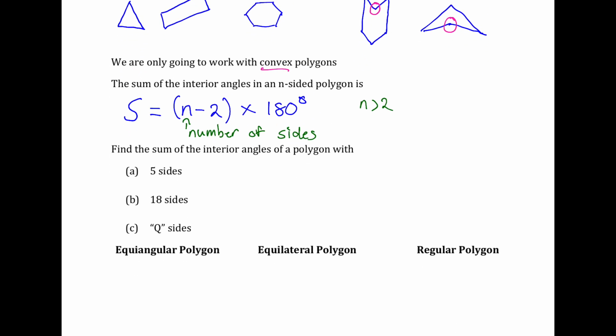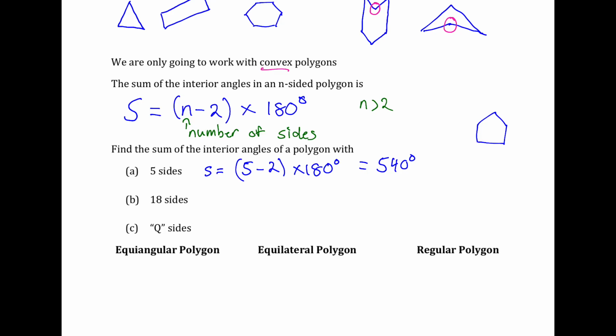A 5-sided shape. I can just do the math on this one. S is equal to 5 minus 2 times 180, which will be 540 degrees. So all the angles inside of a 5-sided shape add up to 540 degrees. Now I'm going to draw this one. I'm not going to draw the next one. If I just draw a nice, simple 5-sided shape, it doesn't even have to be even, it just has to have 5 sides.